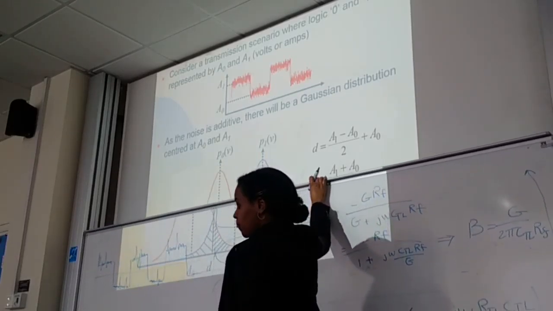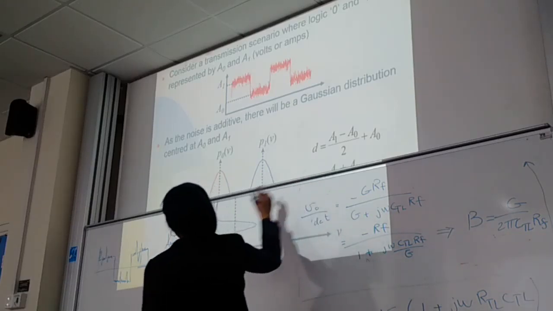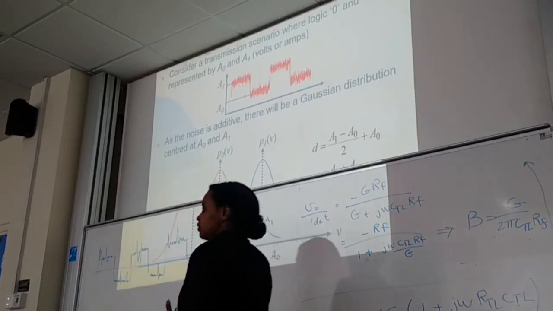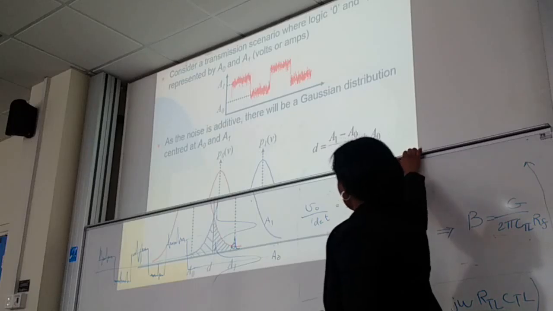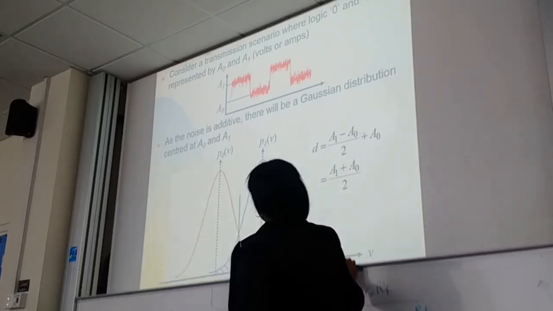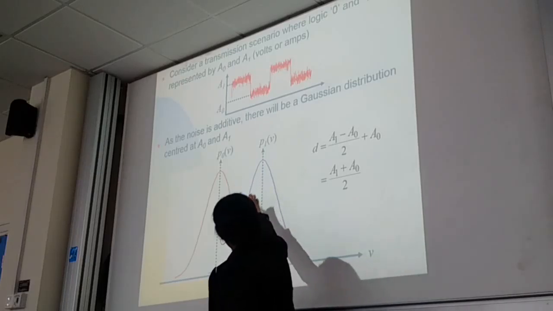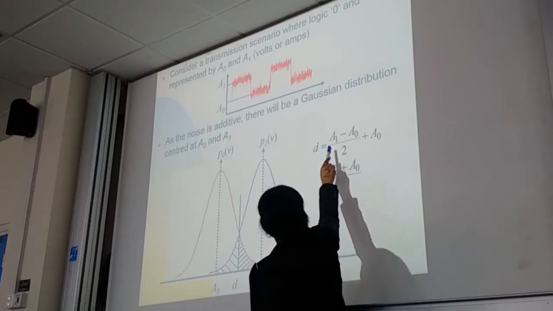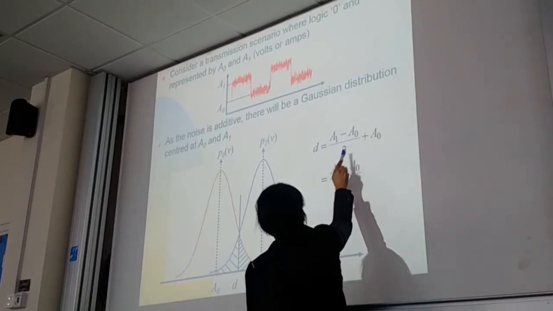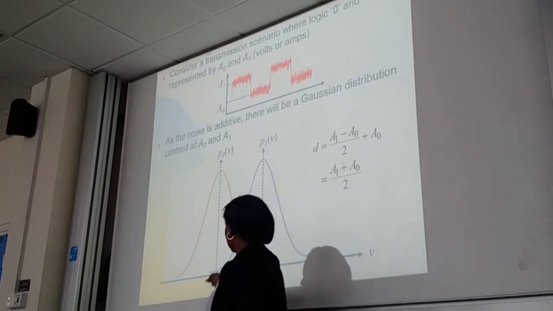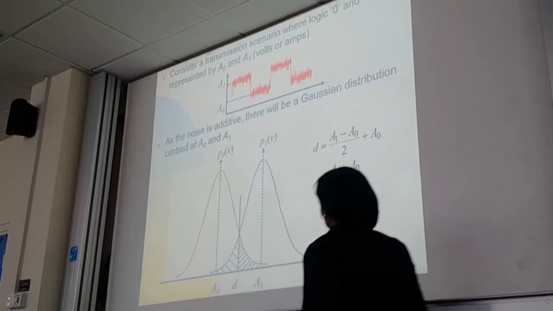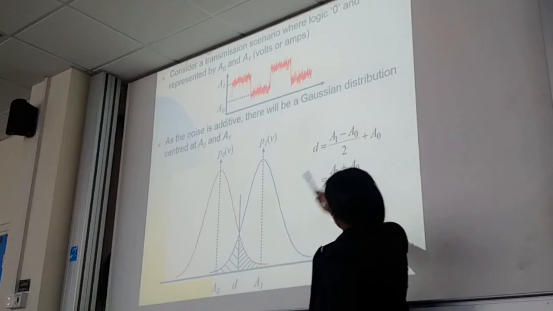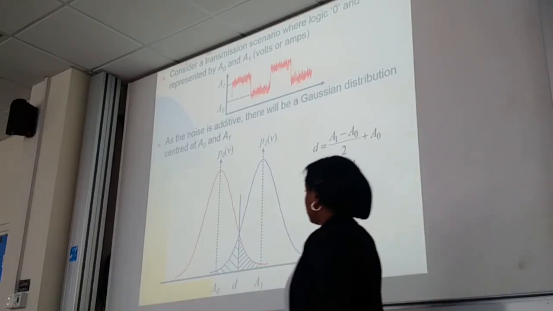Can you see that? So this is the 1 level, this is the 0 level, and this is the distribution of the noise added together. And this is what you can see. So this is the detection level, the threshold level. This is A0 and this is A1, so the D in the middle between them will be given as A1 plus A0 over 2. Okay?